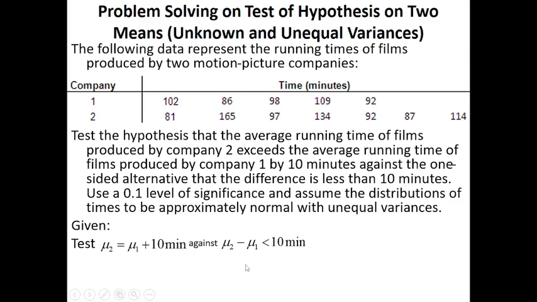So mu sub 2 minus mu sub 1 is less than 10 minutes. We have that inequality.